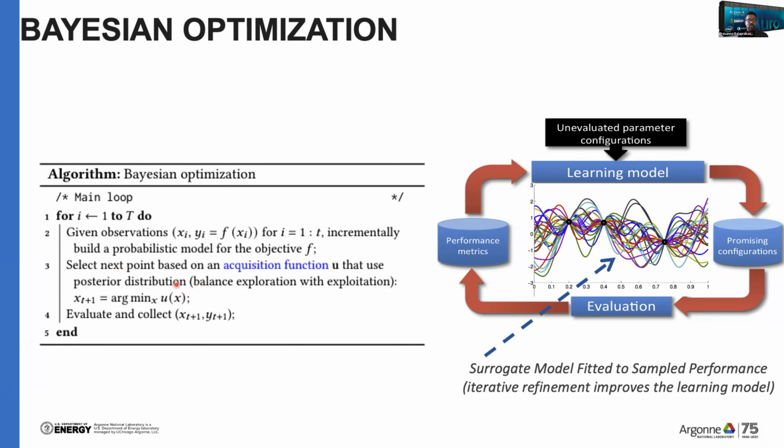So we take these points, we fit the probabilistic model, and then, given this probabilistic model with the prediction and the uncertainty, how can we select the next set of points? That is the central theme in many different variants of Bayesian optimization.